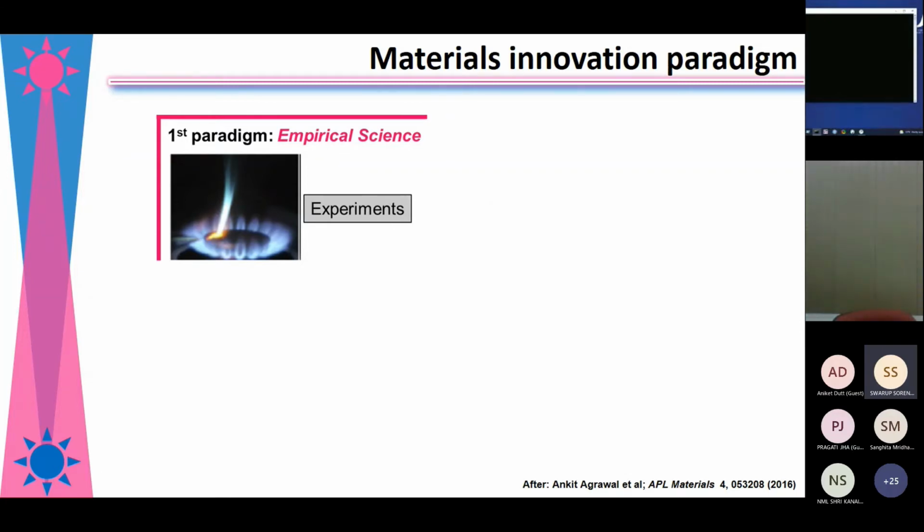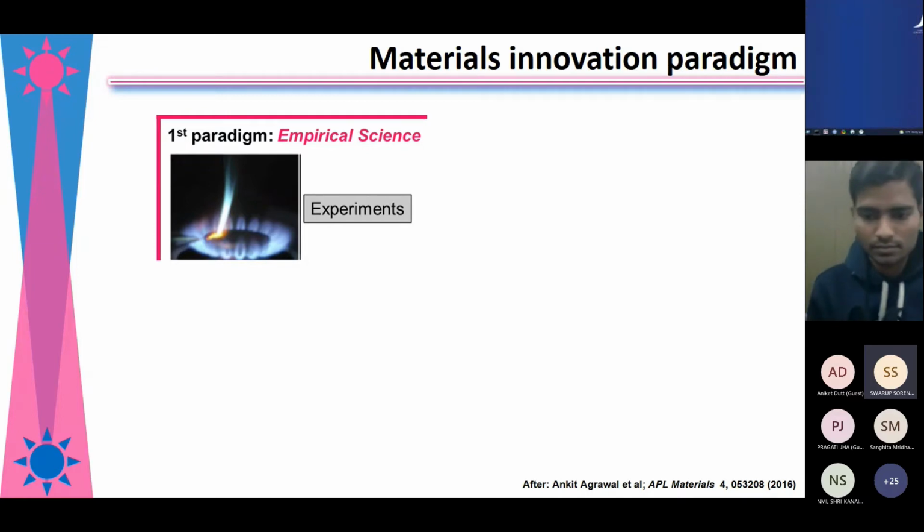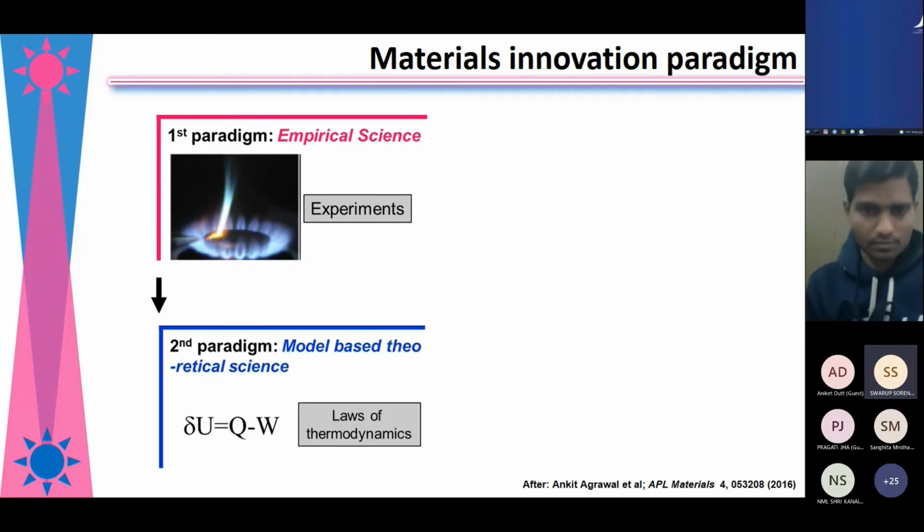In the first paradigm, we depended on empirical science, where we did whatever we wanted, doing experiments. Then we ended up in the second paradigm, where we came to new laws of thermodynamics, and we made some models, and experiments were supported by these thermodynamic laws.